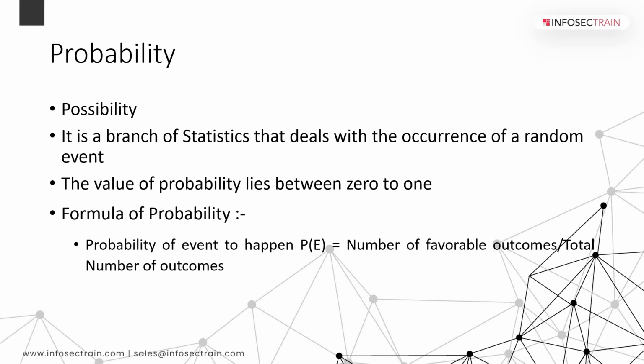In data science, probability plays a major role, because for finding a model for a classification problem, if we use a Naive Bayes classifier, we are using a simple and very basic theorem of probability, which is Bayes theorem.